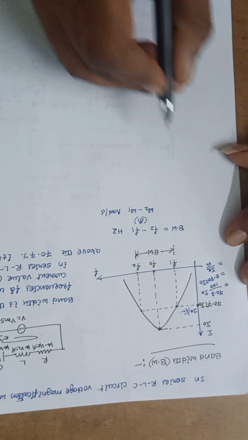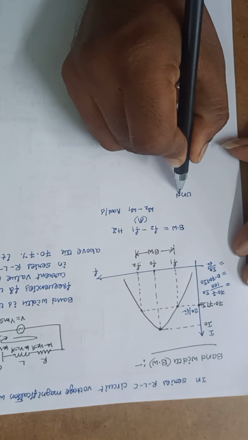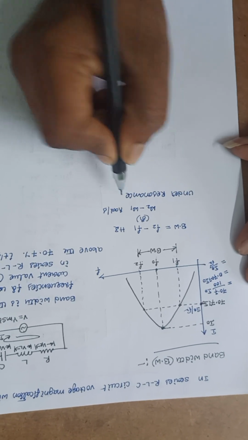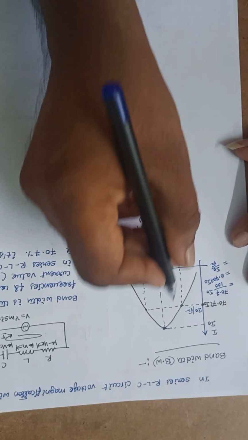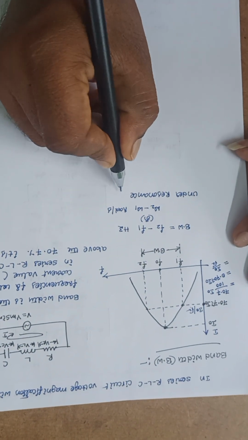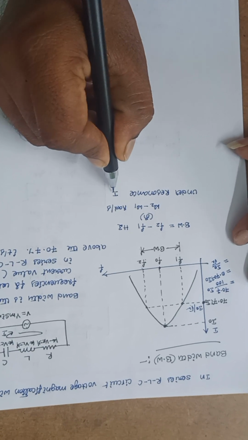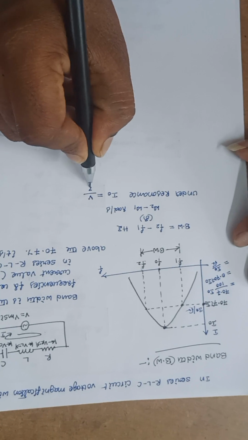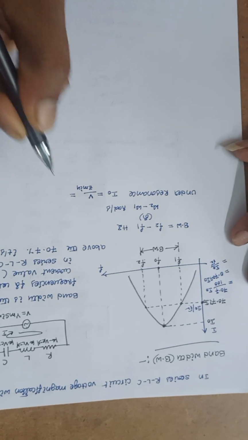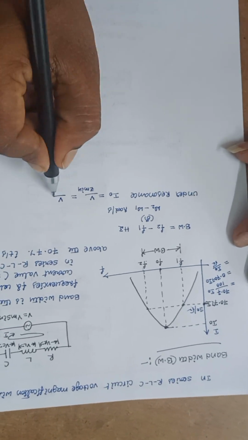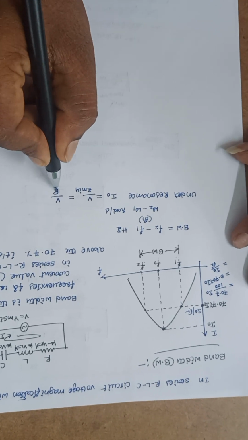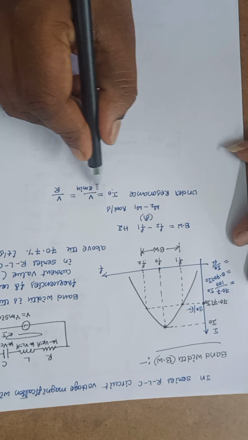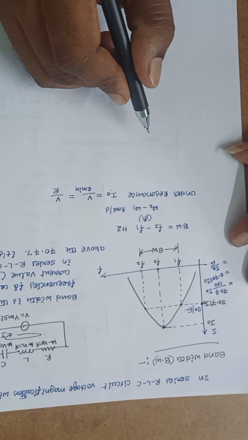Under resonance condition, what is the current? The current is I naught, equal to V by Z minimum, and Z minimum is R, as we have just seen. So under resonance, I naught is equal to V divided by R.